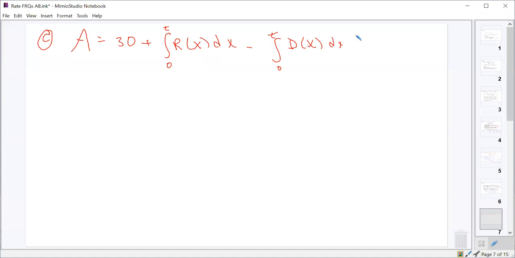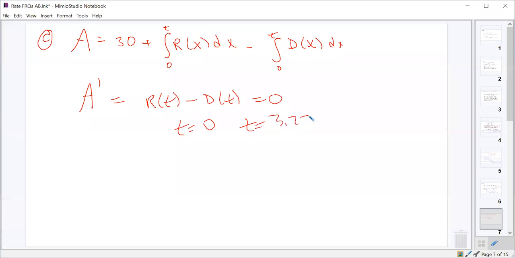And so to find out when this function is at a minimum, we take its derivative, which is just r of t minus d of t, and set that equal to 0 to see when it's at a minimum. The calculator will tell you that that occurs at t equals 0 and t equals 3.27165.